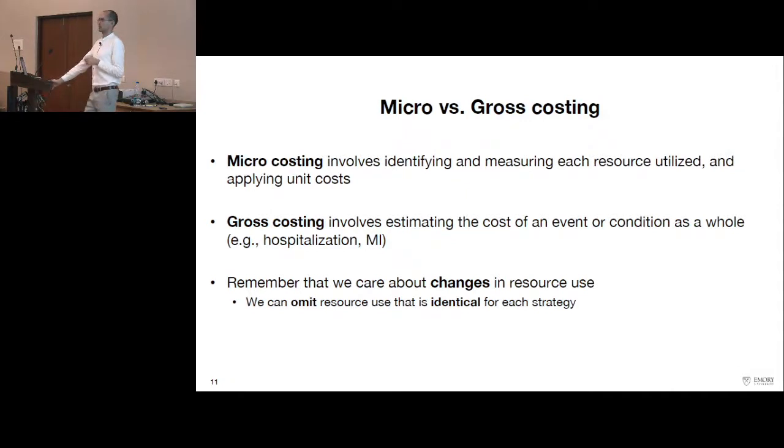There are two main approaches to costing. One is called microcosting, the other is called gross costing, and it's exactly what you think it is. In microcosting, we consider every single item along the way. As you mentioned, it includes not only the time and salary of the personnel, for example doing the surgery, but also the cost of the AC, the lights, the electricity, and all the administrative people who support the healthcare providers.